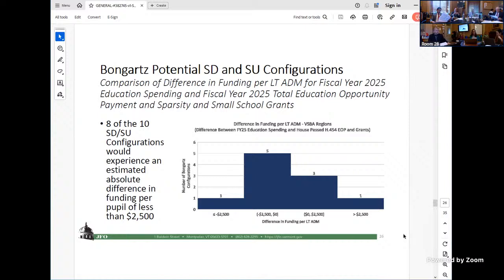So I would say this presentation is looking at current to future. For H.454, the delta is the difference between what they are currently experiencing, what the current individual small or very small district would experience, so that we know the net effect on all portions of the state.